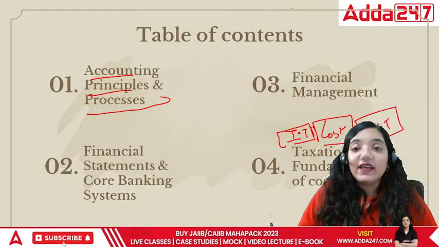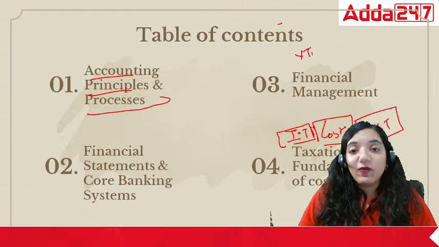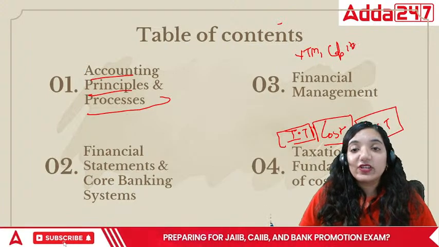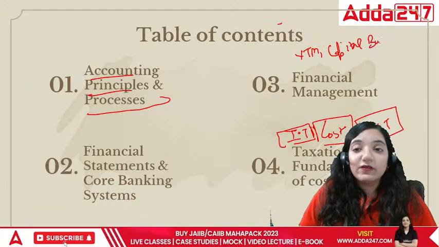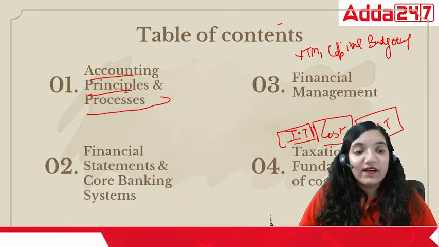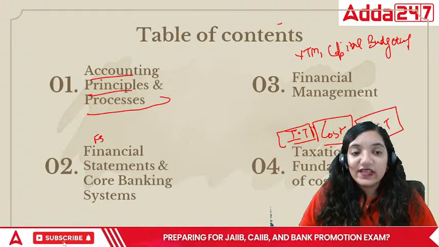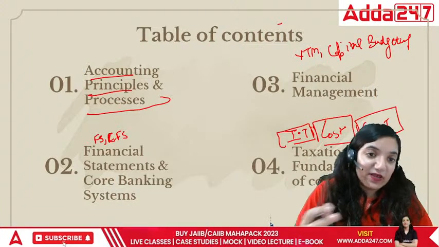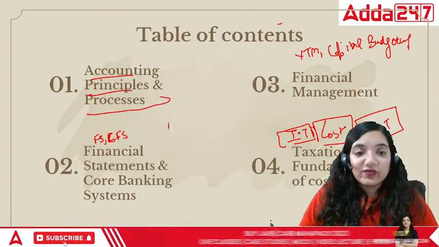In module 3, we have YTM, that is interest and annuities, and capital budgeting, a very, very important chapter. In this area, we have financial statements. We have cash flow statements as very important chapters. And then we also have ratios.